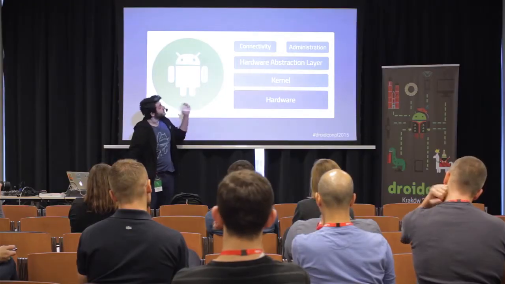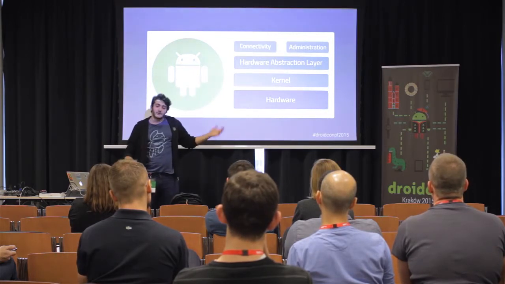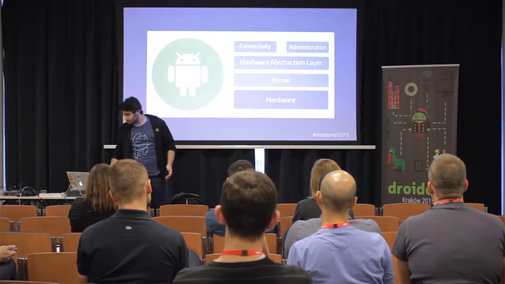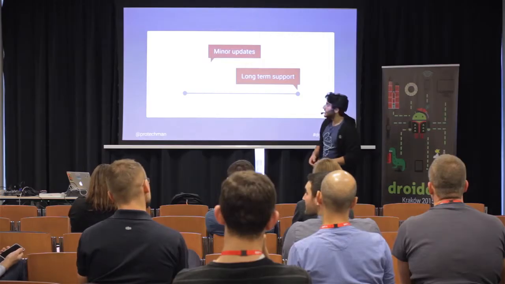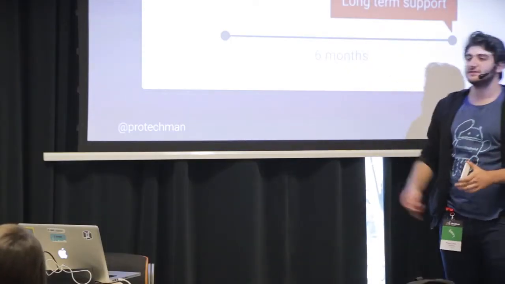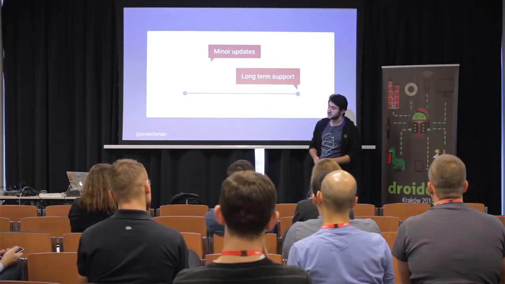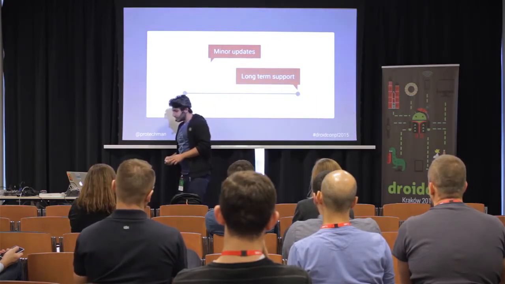So everyone who wants to get some new features on it can have access to the source code. Also, it gets updates frequently. Every 6 weeks, it gets minor updates, and every 6 months, it gets LTS, long-term support.